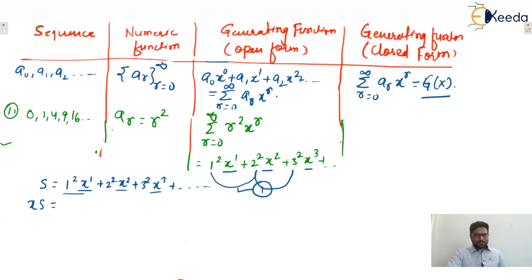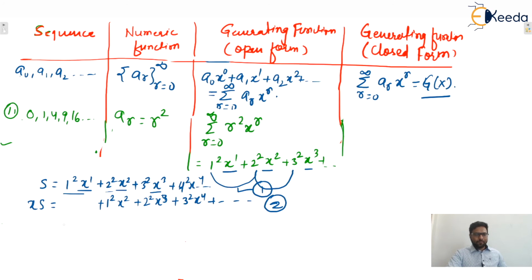Now multiply the first term and write it below the second term, that is the procedure. So it becomes 1 square x square. Then multiply the second term with x and write it below the third term. So it becomes 2 square x cube, then 3 square x power 4 and so on.